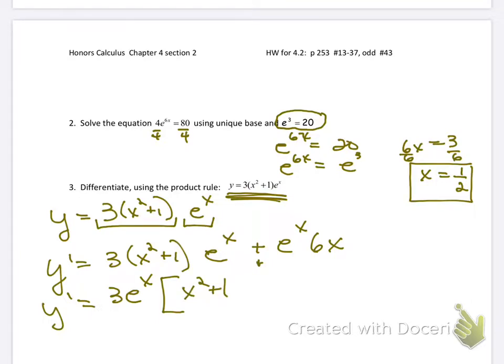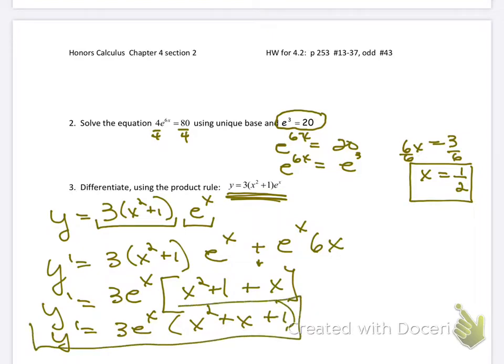Bring down that operation, and then I'm going to have what left in there? It looks like just x. So y prime equals 3e to the x times x squared plus x plus 1. Okay, and that would be your final answer.